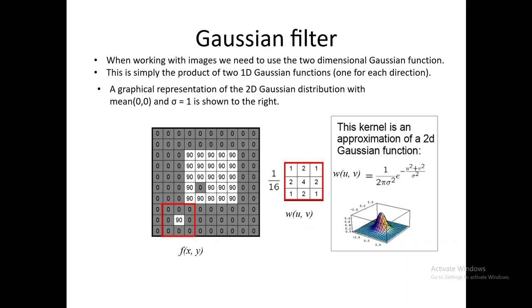And when we are working with images, we need to use the two-dimensional Gaussian function, and this is simply the product of two 1D Gaussian functions, one for each direction.